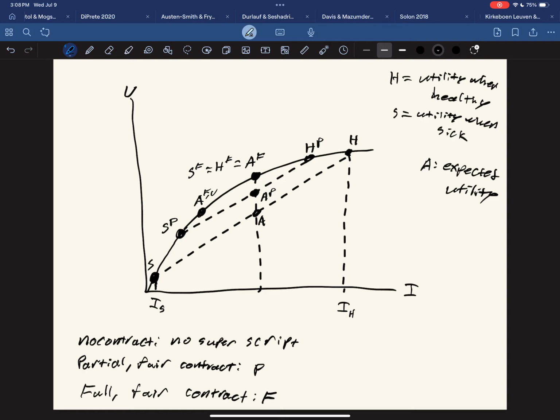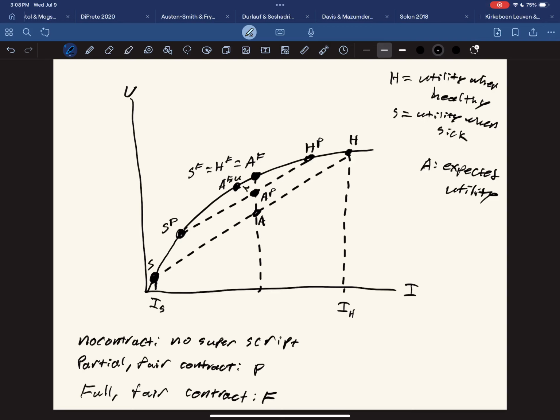So this is an example of a full unfair contract where I prefer the partial fair contract to the full unfair contract, right? But I could also have a full unfair contract that puts me here.